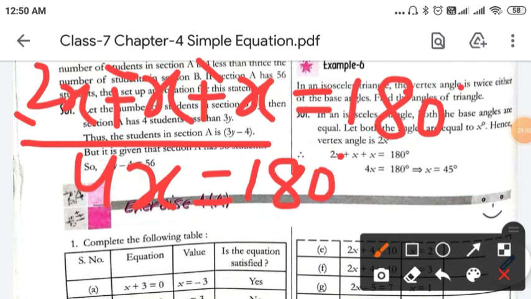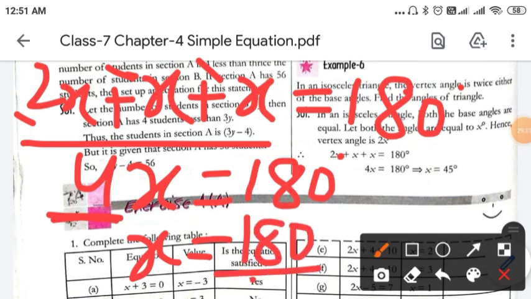When we solve it, what do we get for the value of x? In an equation, when we shift a multiplication from LHS to RHS, it converts into division. So 180 divided by 4 is 45.